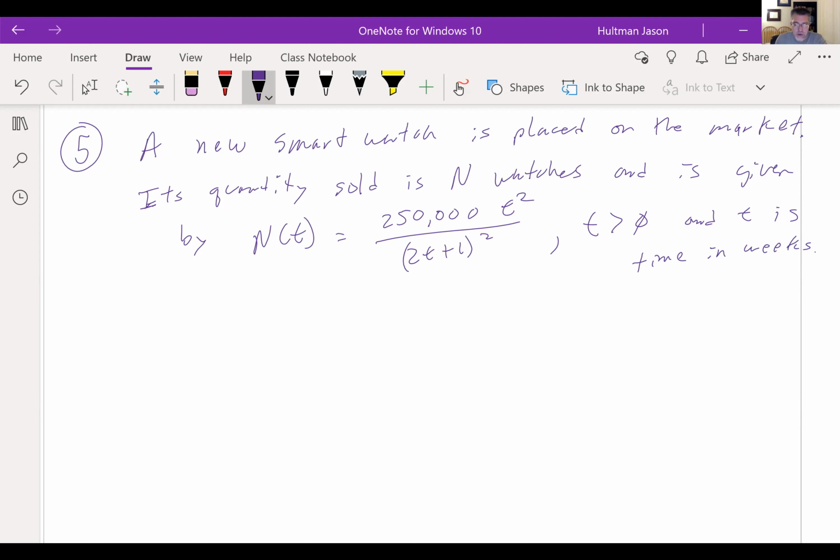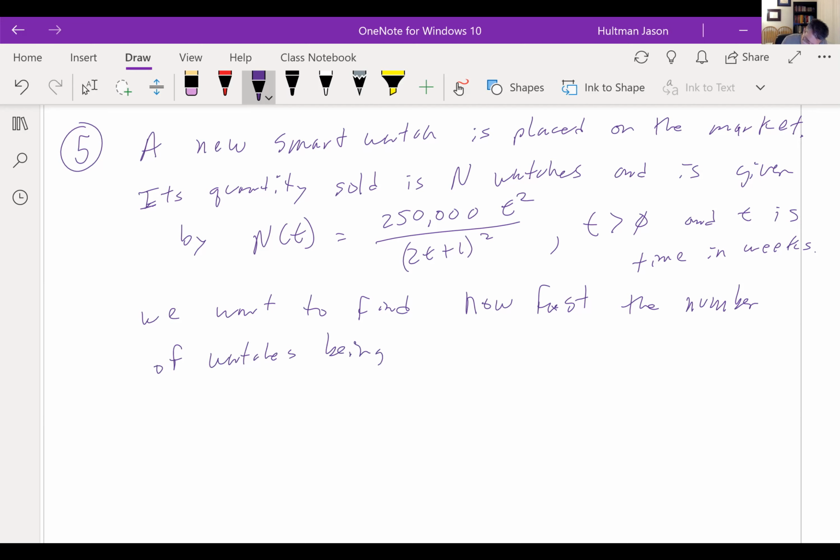Okay. We want to find how fast the number of watches being sold is changing after 1 year and after 4 years.